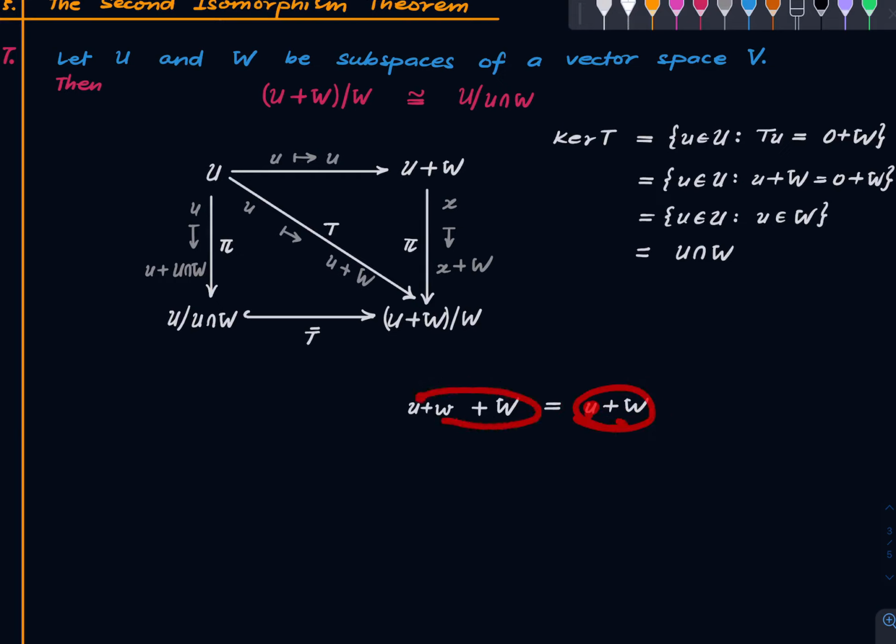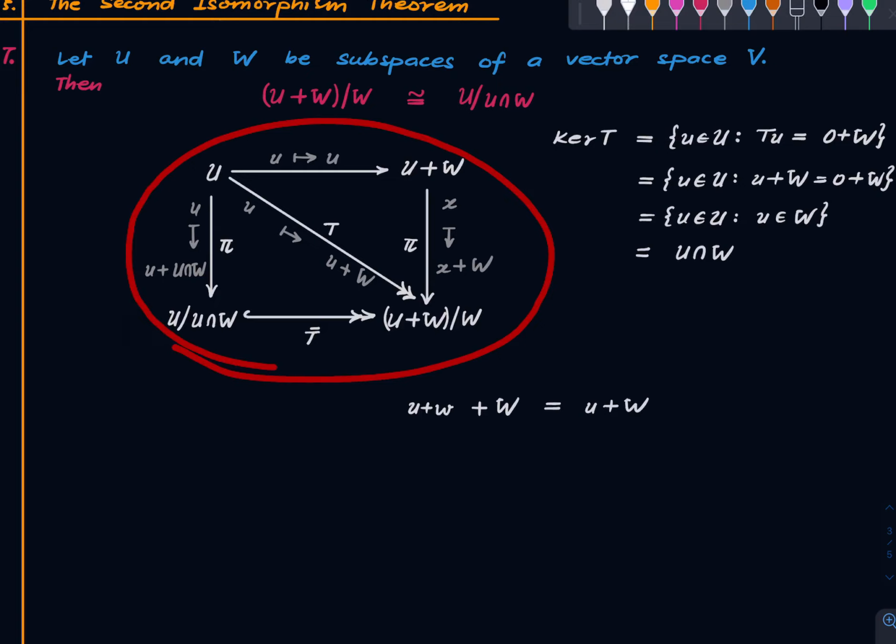So this is surjective, and hence T bar is surjective, but then T bar is both surjective and injective and hence bijective. So we have a linear isomorphism between U mod U intersection W and U plus W mod W, and therefore these two spaces are isomorphic. So this diagram is the proof.